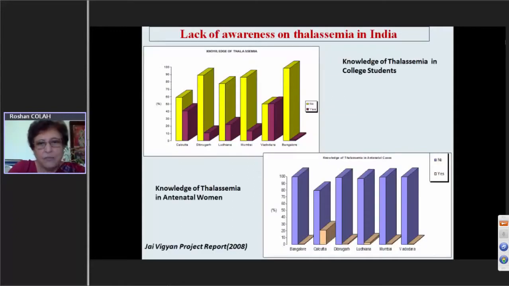Now this is again from the Jai Vigyan project, which was done in 6 states in a big way, and at that time the knowledge of thalassemia was very limited among college students and virtually non-existent among pregnant women. After this, of course, in the last 4 to 5 years, a lot of awareness has been generated, and as I said earlier, West Bengal and Gujarat have done things in a big way.